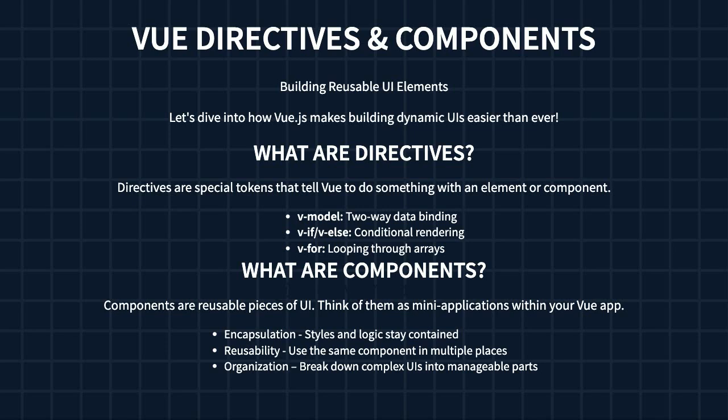Now components are where the real power lies. They're essentially reusable building blocks for your UI, little self-contained applications within your larger Vue app. They help keep everything organized, make it easy to reuse parts of your interface in different places, and they encapsulate their own styles and logic, which makes things much cleaner.